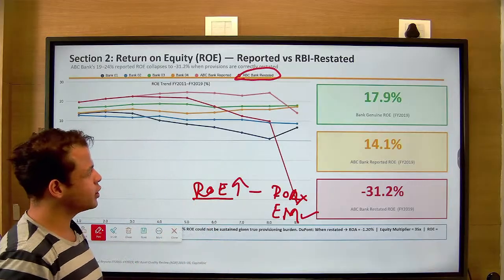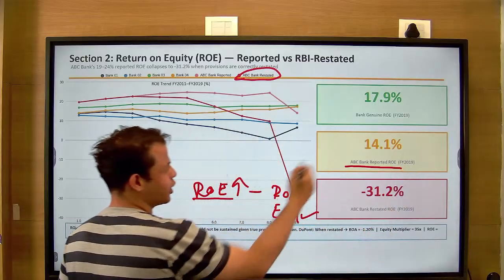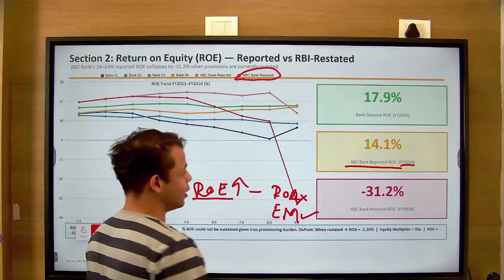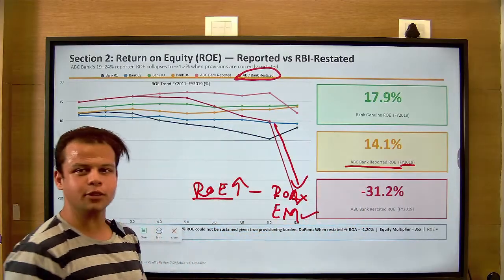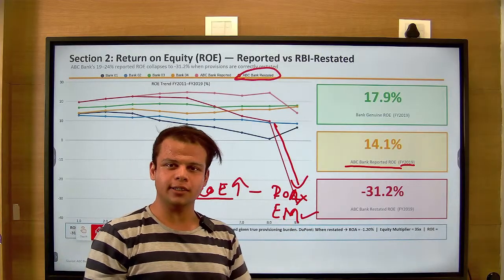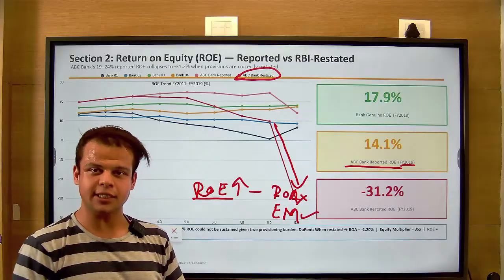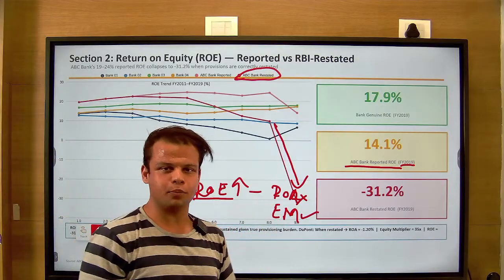So they stated that their ROE would be 14.1% in 2019, but their actual ROE is decreasing here. In the coming days, when SEBI or other regulatory bodies go through their financial statements, they can get to know that this is actually a loss-making company.